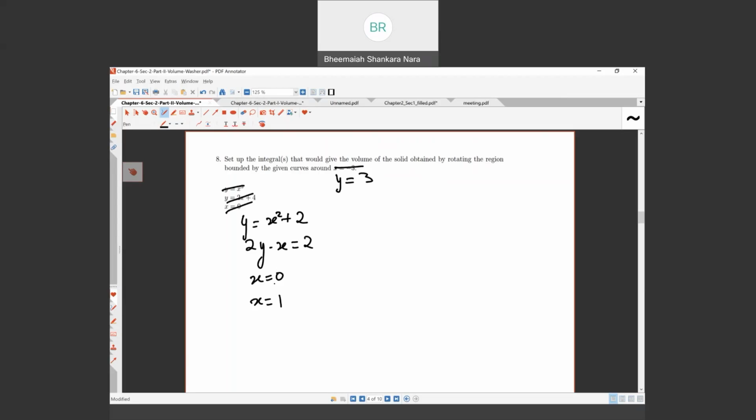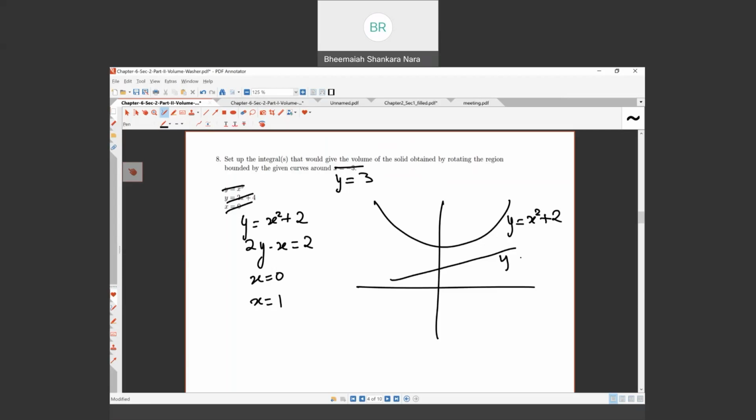So let's first draw this parabola, which is moved 2 units upwards. That's this one. This is our x squared plus 2 parabola. And then we have 2y minus x equal to 2, which means it's a slant line, which is y equal to 1 plus x over 2 when you rewrite, just like the previous problem. And then we have x equal to 0, which is our y-axis, and here we have x equal to 1.